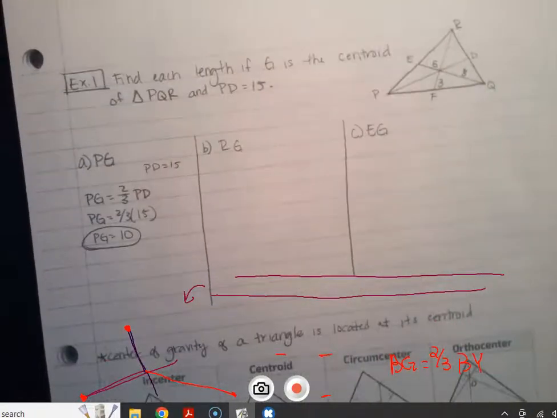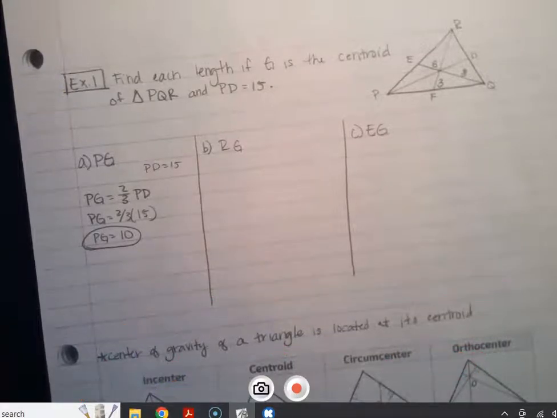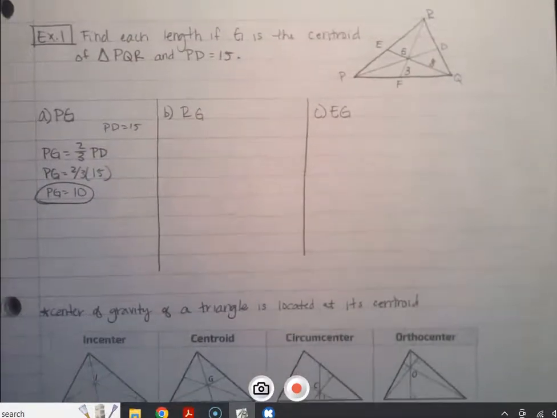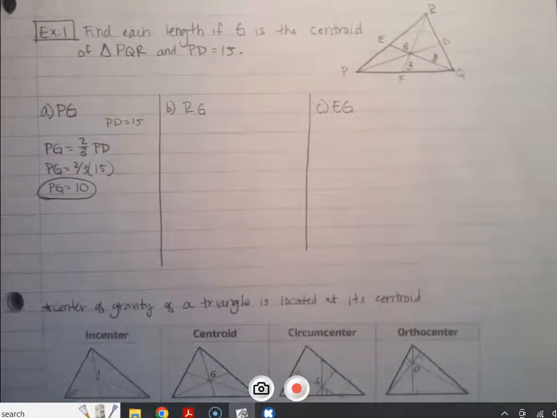Okay, on to your next sheet. We want to find each length if G is the centroid of triangle PQR and PD equals 15. I've done the first one for us, so let's evaluate that one. We want to find PG, so P to G. Well, that's just what we just did, right?